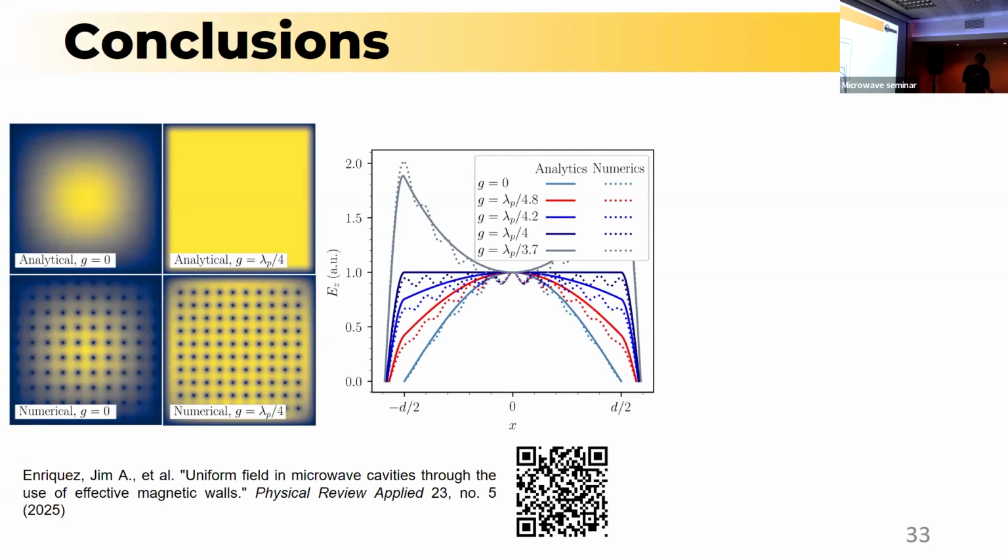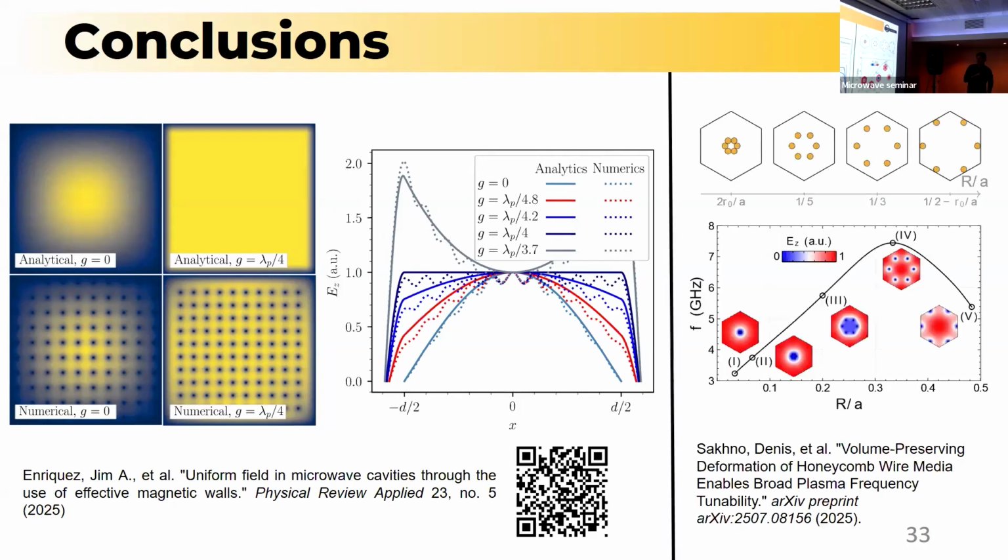And on the other hand, this idea of including an air gap equal to λ/4 is useful also to measure the plasma frequency and to demonstrate the tunability, for example, of some structures that have been proposed to tune the plasma frequency of a wire medium. These are the two main conclusions that we have from this talk.